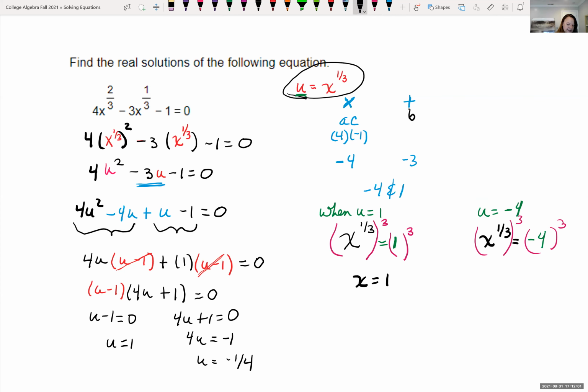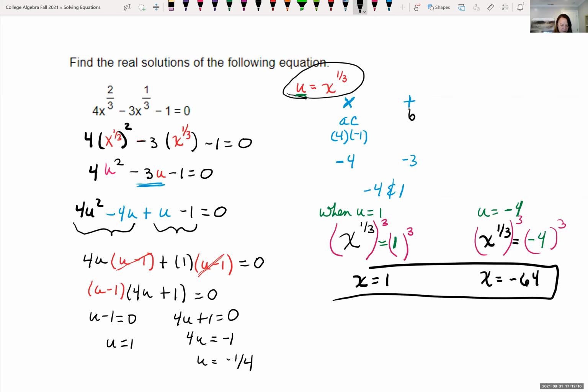So we get x is equal to, well, -4 quantity cubed. -4 times -4 is +16. 16 times -4 gives us -64. And so we have two solutions, 1 and -64.